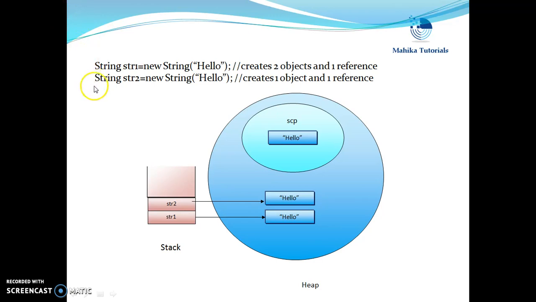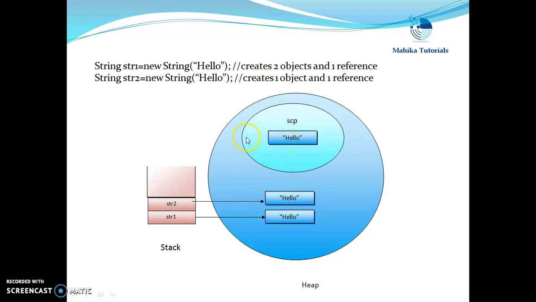Now suppose later on we create one more string, str2, which again has the content hello. How is it going to work? In this case the reference variable str2 again will go to stack, and since we are using the new operator, a new hello object will be created in the non-pool area, and this str2 will refer to this hello.